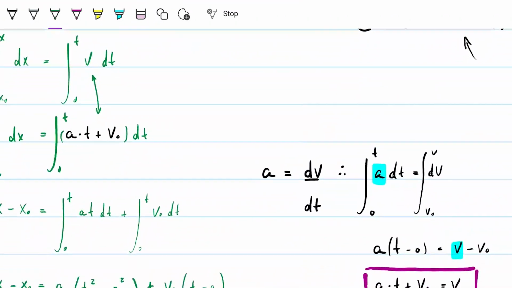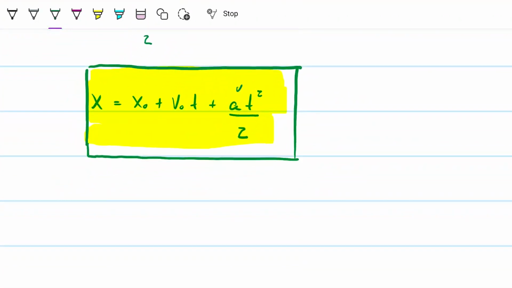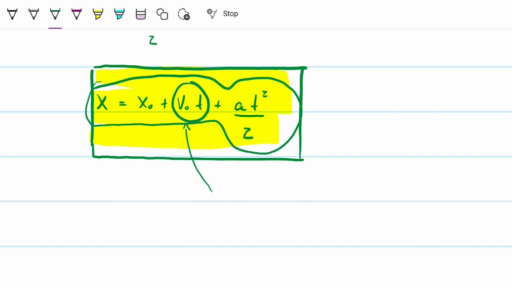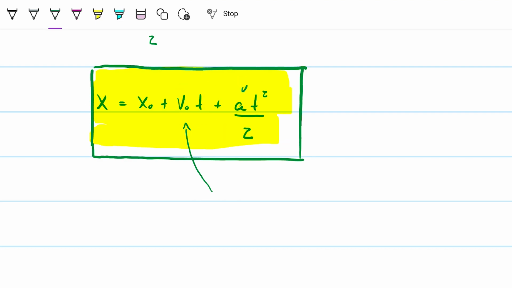And note that if I say my original velocity is 0, then this also becomes simplified. Because my original velocity is 0, there's nothing moving, and this goes to 0, and I'm left with just x equals x naught plus the term for how the acceleration changes with time. So that's another thing that we see when we do the whole derivation.